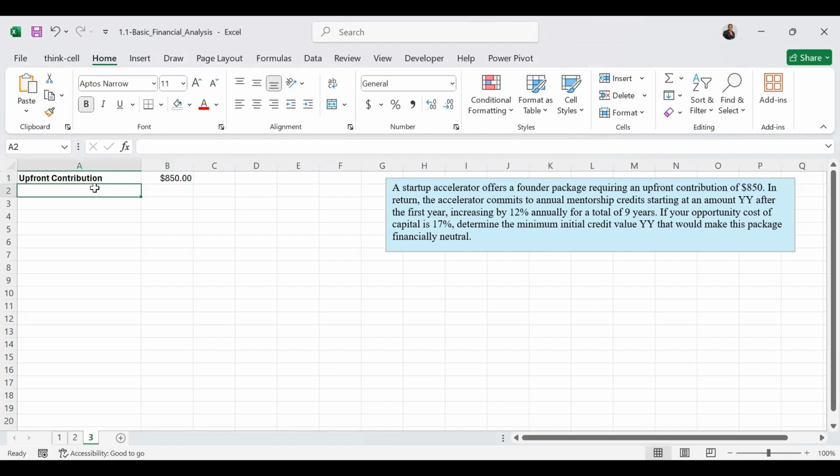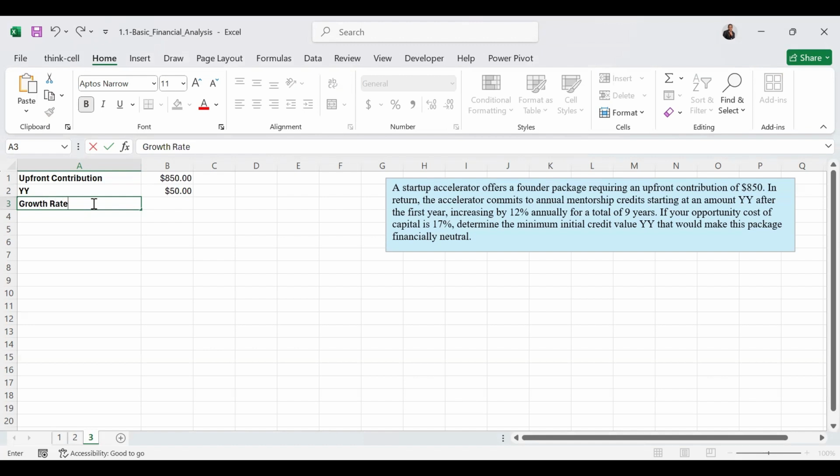The next is my YY value. My YY value is not given, and that's what we are trying to find. But for the start, I will just enter 50, since we are going to use Goal Seek to get the main value that we need. The next is my growth rate.